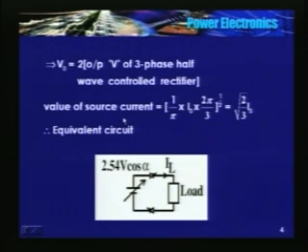Whereas in a single phase bridge, if I assume that the load current is constant and ripple free, the RMS value of the source current is the same as I naught. Whereas here it is different because each phase supplies power for 240 degrees.